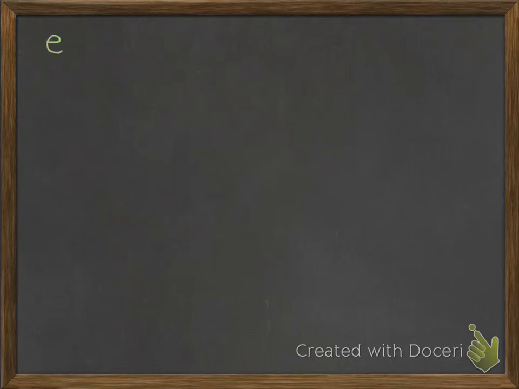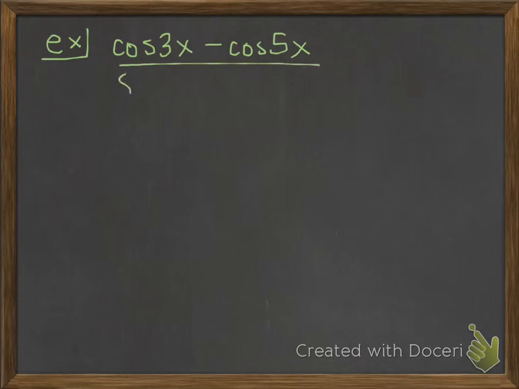So again, remember verifying is you're trying to prove one side is equal to the other side. So here I have cosine of 3x minus cosine of 5x all over sine of 3x plus sine of 5x. And I'm trying to prove that all of this becomes tangent of x. So as far as the right side, there's not much to do over there.